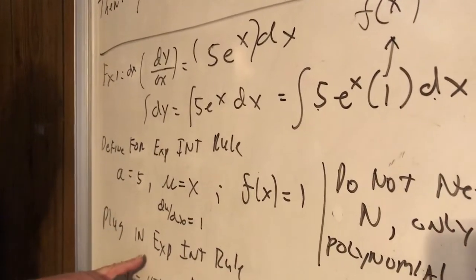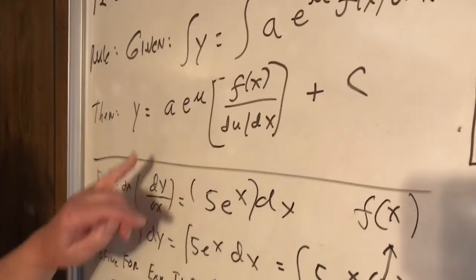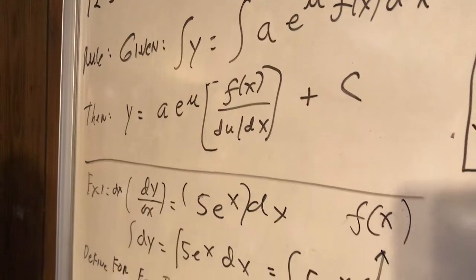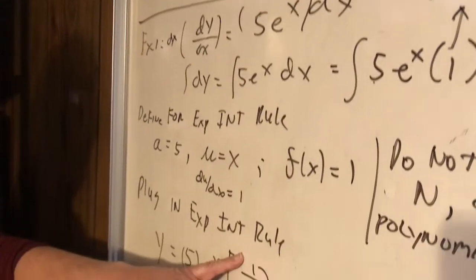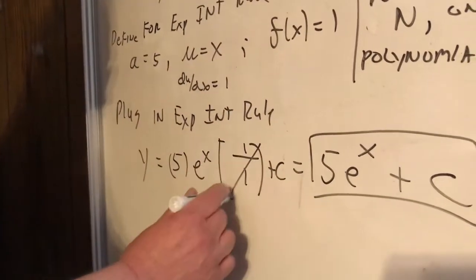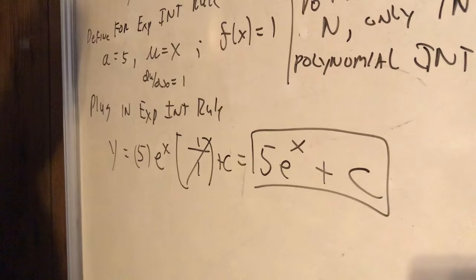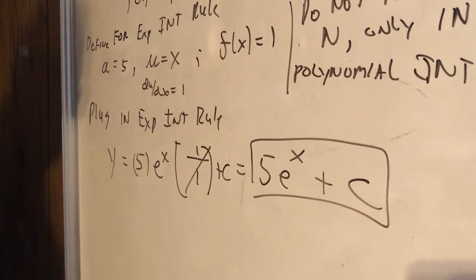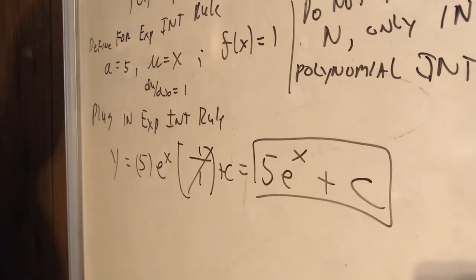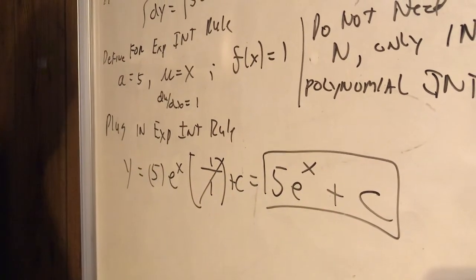Now you plug it into this rule here. y equals a, 5, u equals x, f of x is 1, du dx is 1. Of course, they cancel. So the answer here is 5e to the x plus c, and that is your indefinite integral. If this was a practical problem, we'd need more information to solve c.